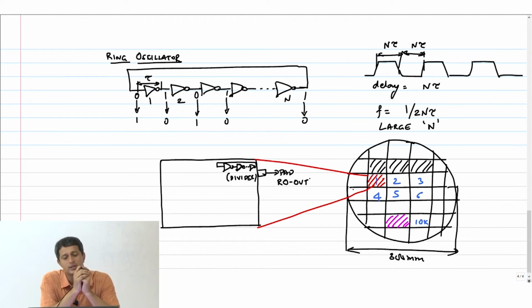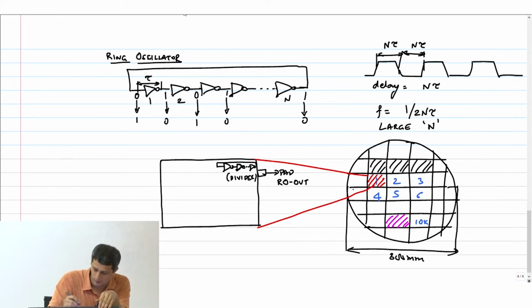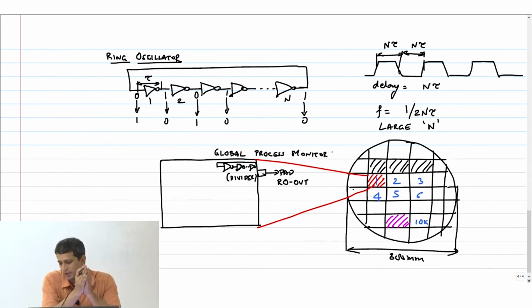Okay. So the ring oscillators are therefore used primarily as global process monitors. I'll tell you what global is. What does global mean here? It means that every transistor in this chip has moved by the same amount, the VT or all the process parameters, right?